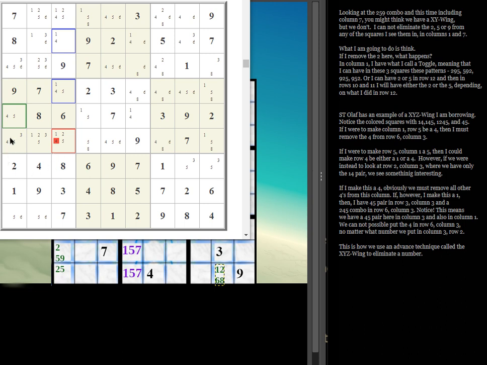If I were to make row 5, column 1 a 5, that would make row 4 be either a 1 or a 4. However, if we were instead to look at row 2, column 3, where we only have the 1, 4 pair, we see something interesting.